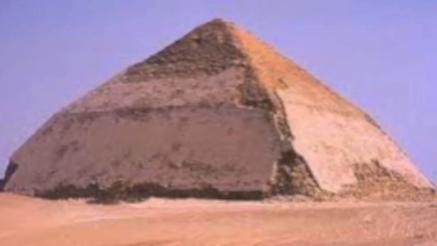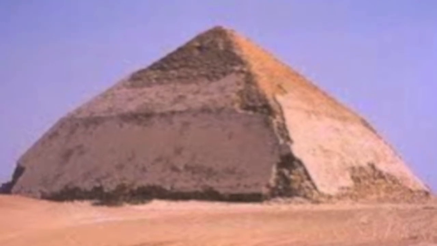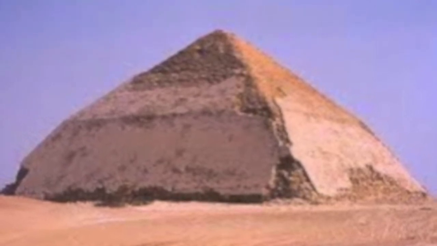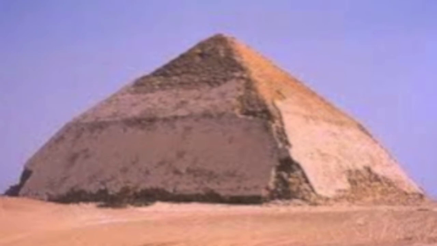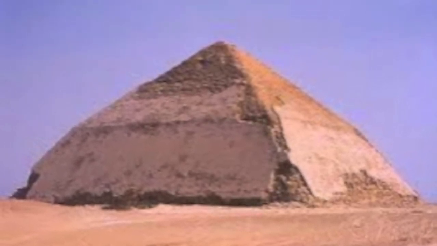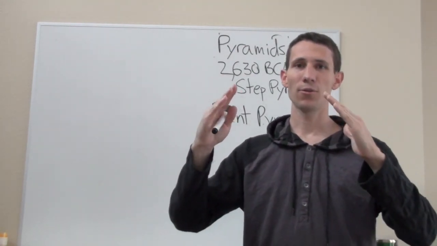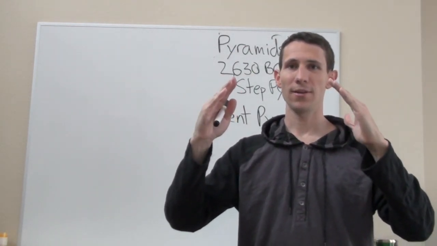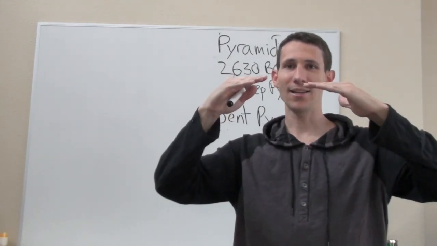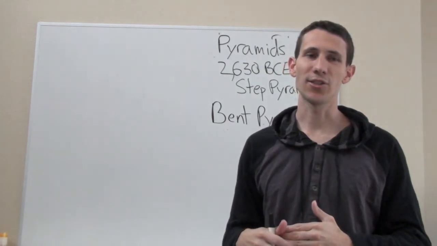When they built this bent pyramid, there wasn't enough bedrock beneath it, and as the weight gets piled on, it starts to shift and sink almost. So as they're building it up towards a perfect pyramid, all of a sudden it had to angle sharply in and finish because there was just too much weight.